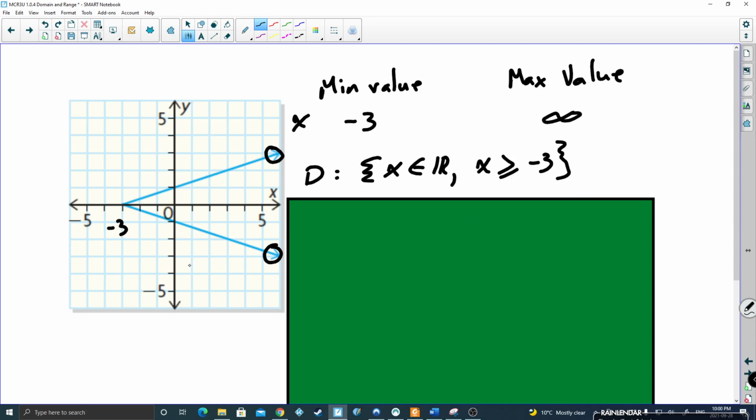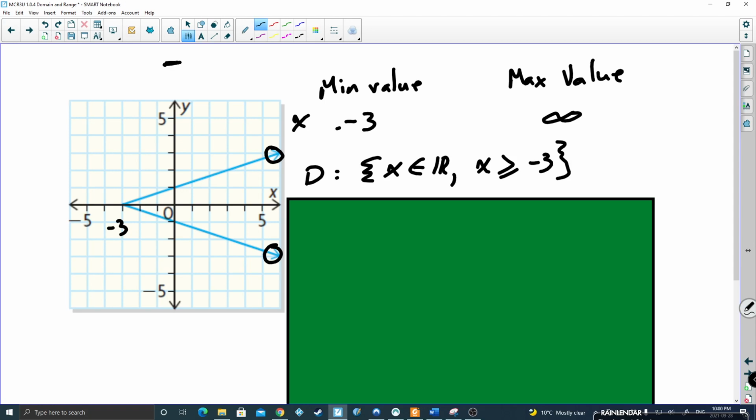Now if we talk about the y direction, does the graph have a smallest y value? Well, if we look at the arrow, that means that the graph is going continuously downwards. Therefore, there is no minimum y. It just continues forever all the way down to negative infinity. And the same thing up here, because the arrow continues to go up, there is going to be a point.